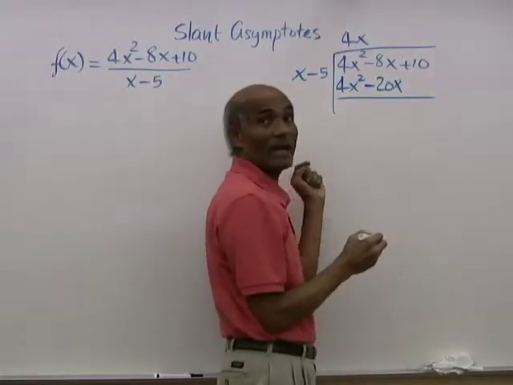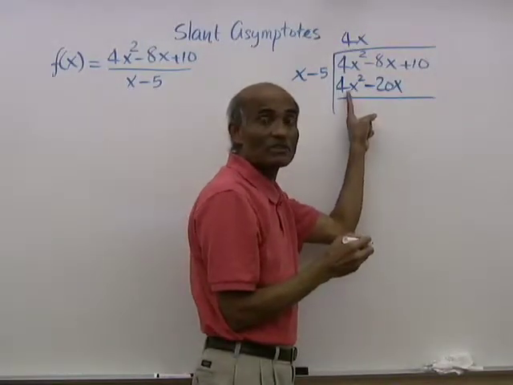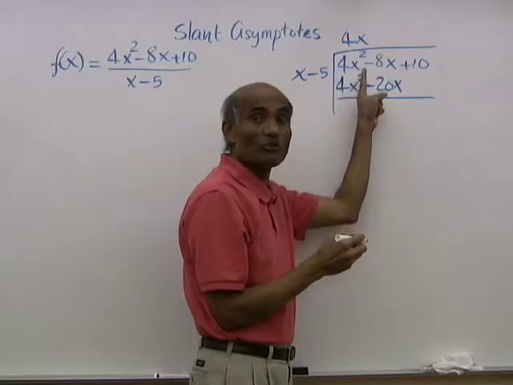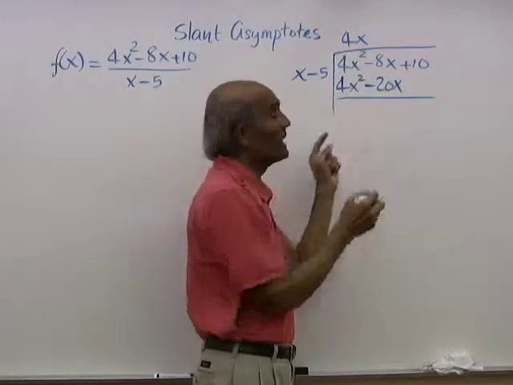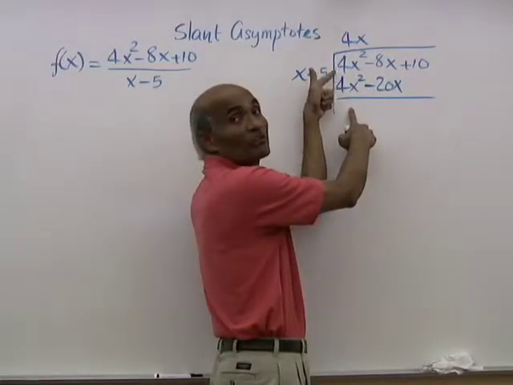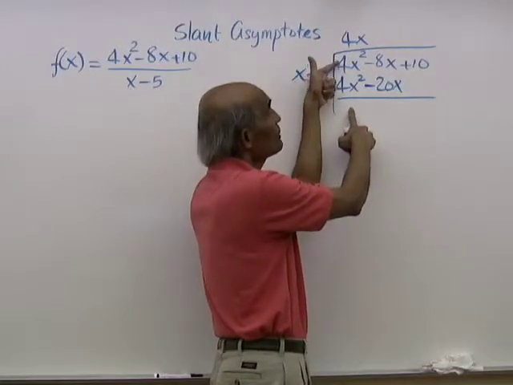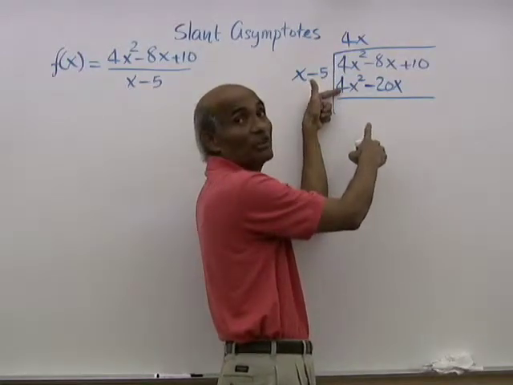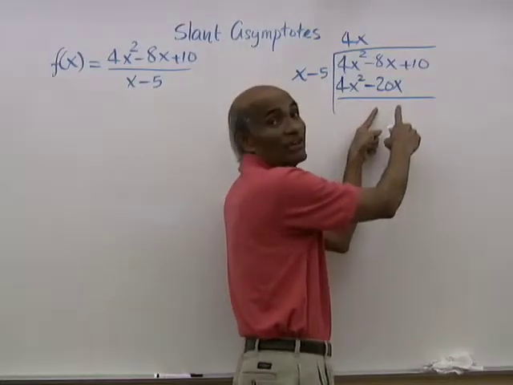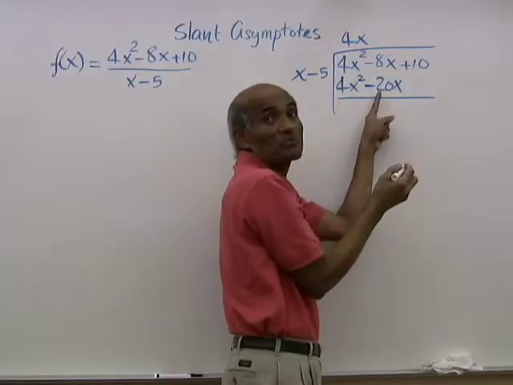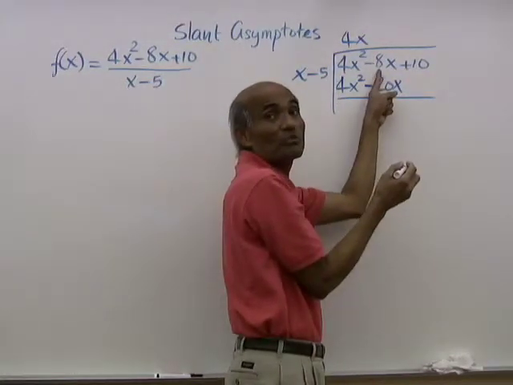Once you've done that, subtract the terms below from the terms above. And always the first terms will go. 4x squared minus 4x squared is 0. And watch this. We are subtracting the terms below from the terms above.